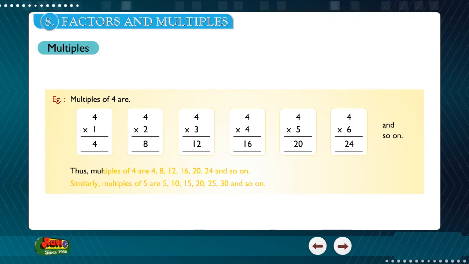Thus, multiples of 4 are 4, 8, 12, 16, 20, 24 and so on. Similarly, multiples of 5 are 5, 10, 15, 20, 25, 30 and so on.